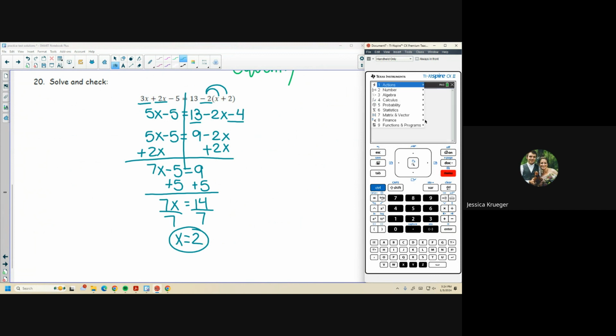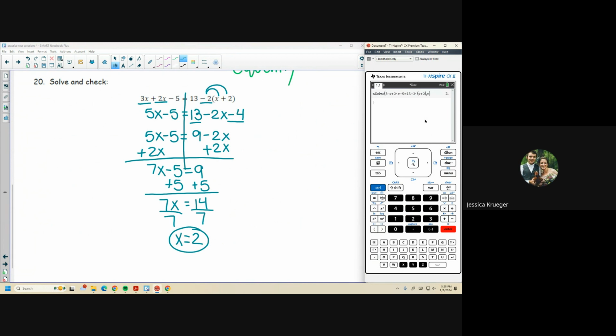I'm going to go to Menu, Algebra, Numerical Solve, and I'm going to type this in. 3x plus 2x minus 5 equals 13 minus 2 parentheses x plus 2, close my parentheses, comma, x. And if I hit enter, it agrees. So I feel very confident that that worked.